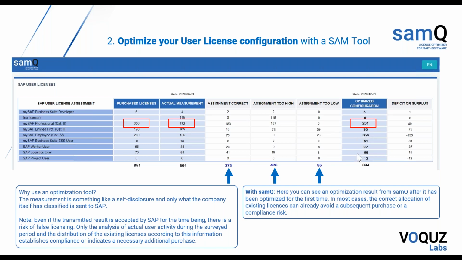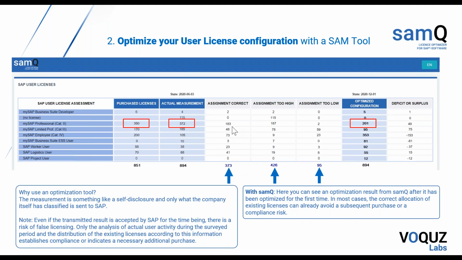Then the tool should name you an optimized configuration. In that case, analyzing the user transactions, the tool is telling you you are really needing 201 professional user licenses for your users. And how does all of this come together? Now, the system is also informing you about some very interesting things here.